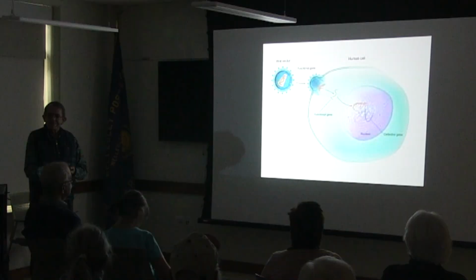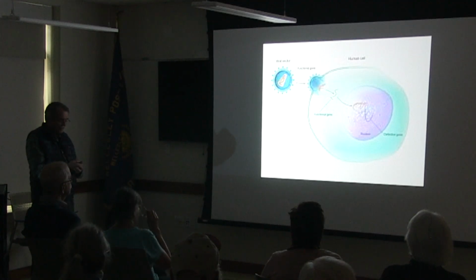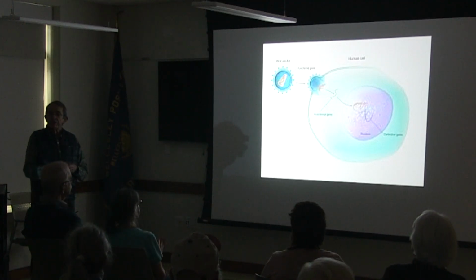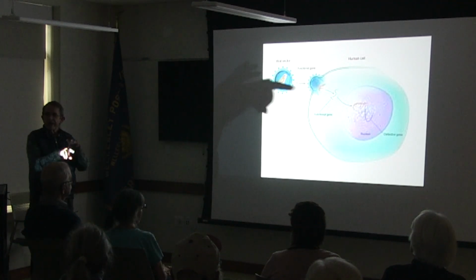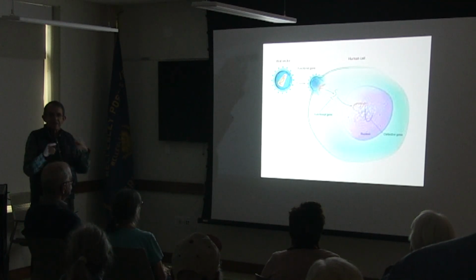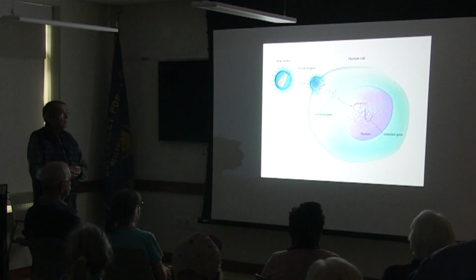How do you get the genes in? Okay, 2 major methods, but one is to use a virus. Okay, you use a virus particle. They're really good at attaching to cells and injecting their DNA into you. That's how they work.